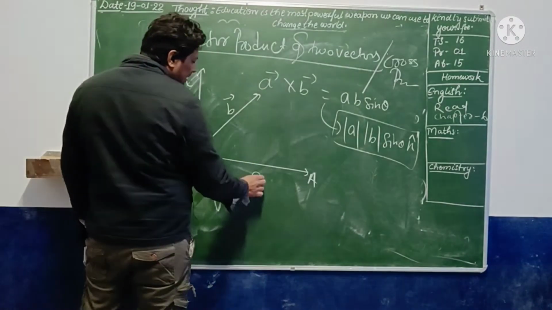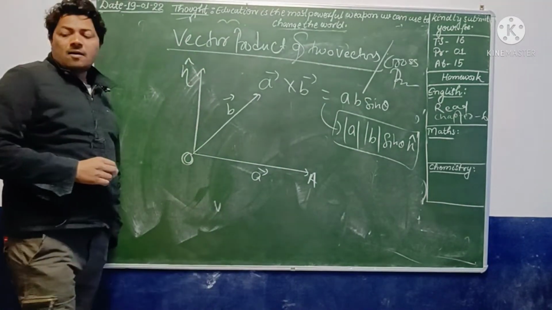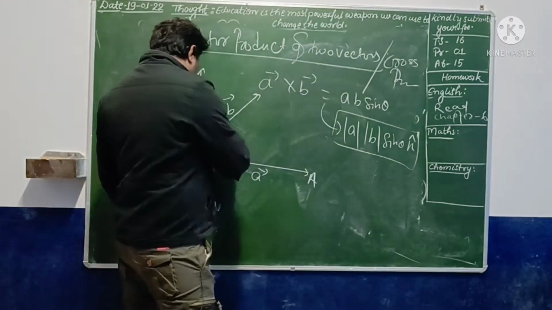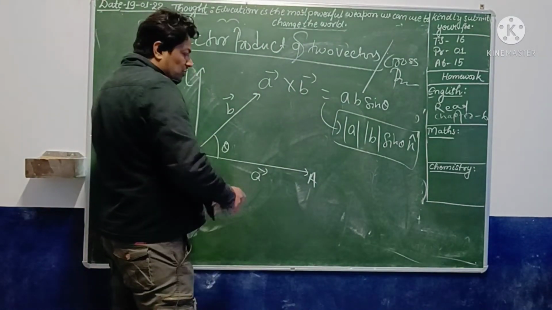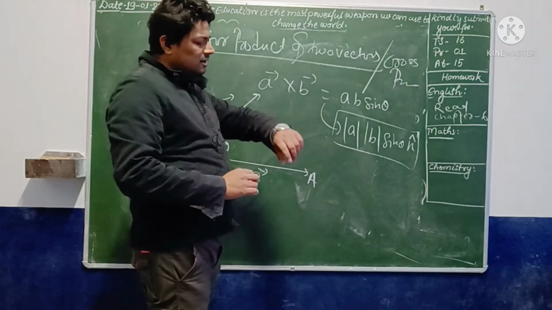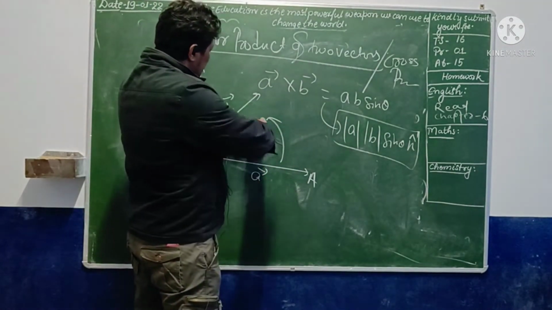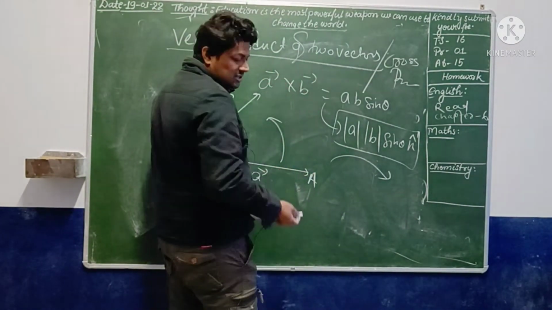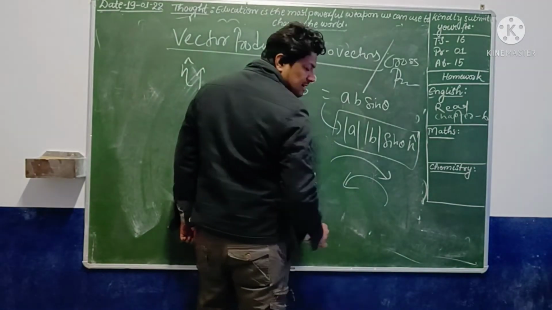This one is vector A. Now we will talk about clockwise and anti-clockwise direction. Here the angle is theta. We are going from here to here, A to B, right? Yes. What is this? Clockwise. What is this?